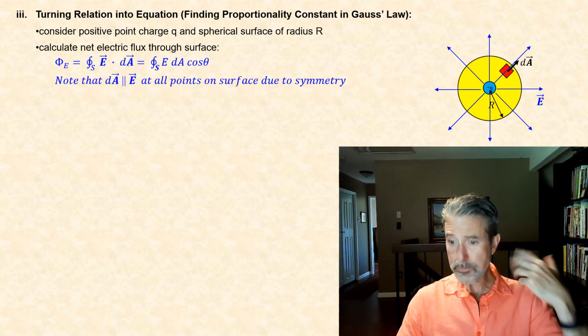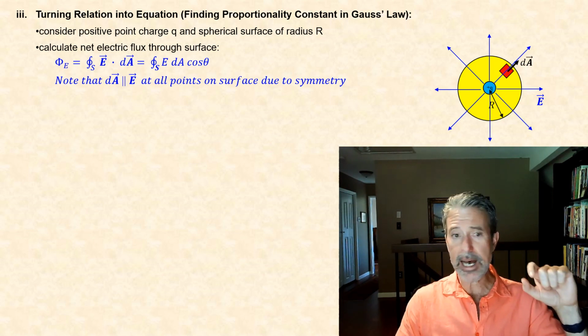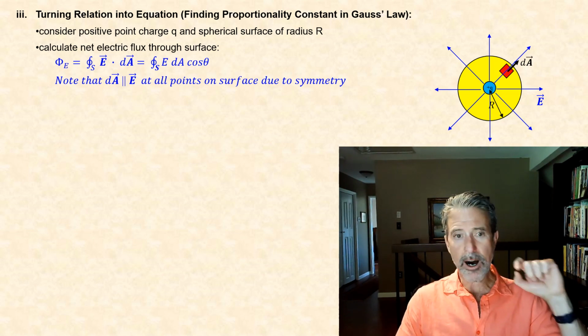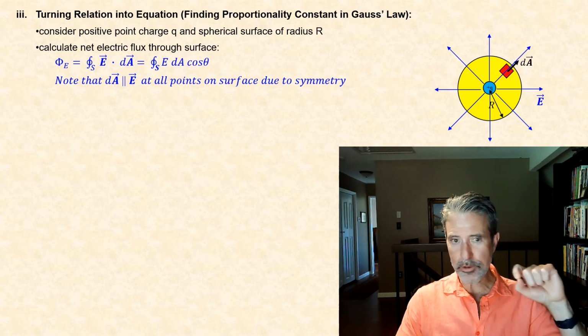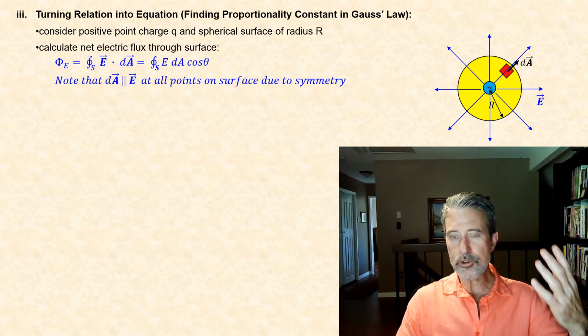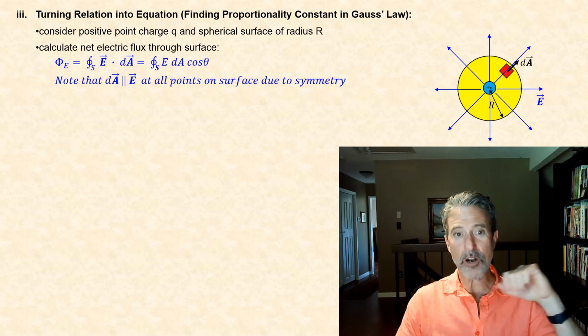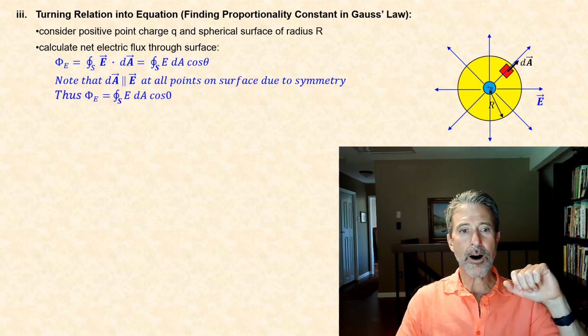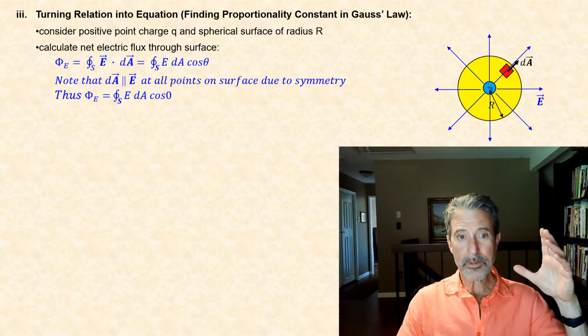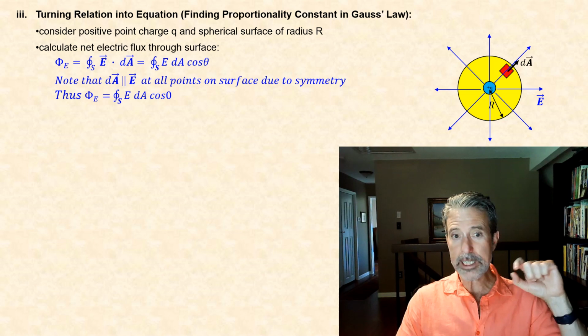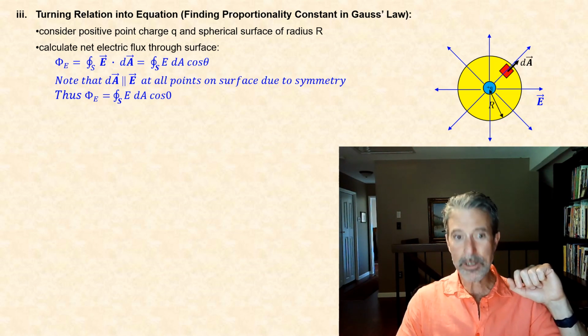As I said previously, note that the vector dA is parallel to the electric field vector E at all points on any surface element we can choose, due to the radial symmetry of our charge distribution. In which case, the angle between these two vectors is always 0 degrees for any surface element on that surface. We're taking the cosine of 0 degrees.